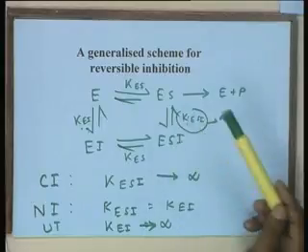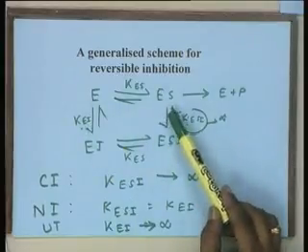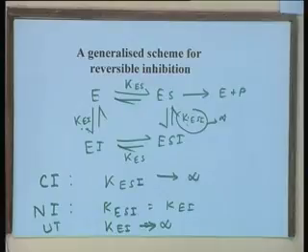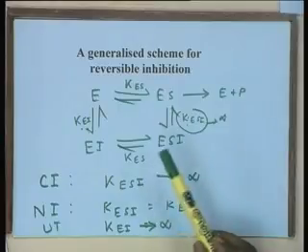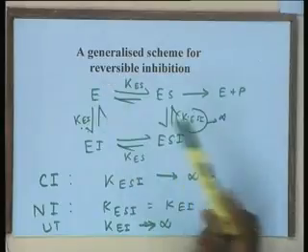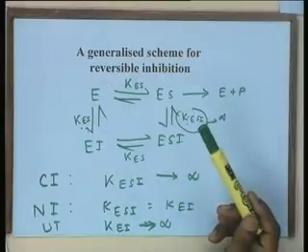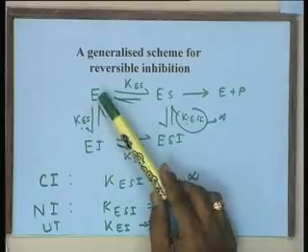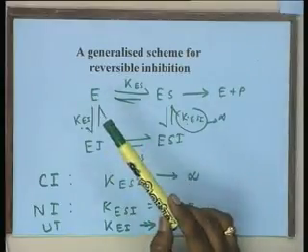In the case of a mixed inhibition, they are not identical, but they have a magnitude and both are related by a ratio of alpha, which essentially determines the degree of inhibition. In the case of uncompetitive inhibition, for the binding of inhibitor to the free enzyme the corresponding dissociation constant again approaches infinity. That means the binding to free enzyme is not feasible.